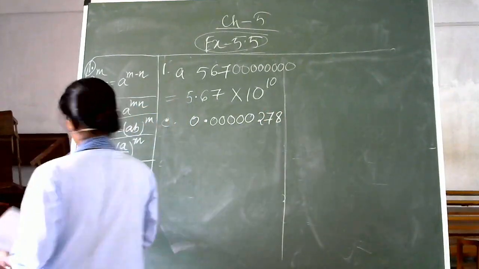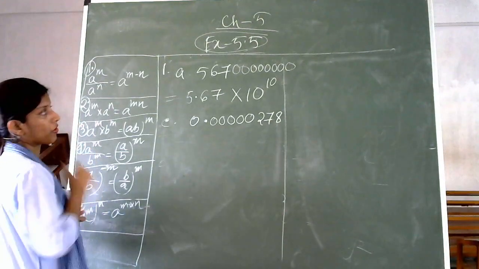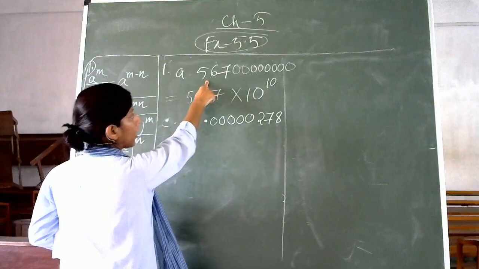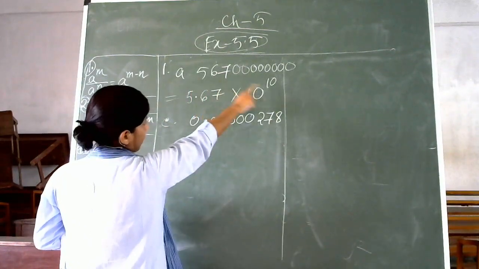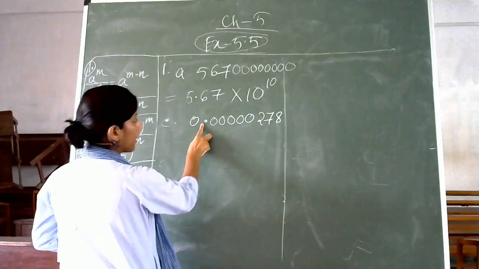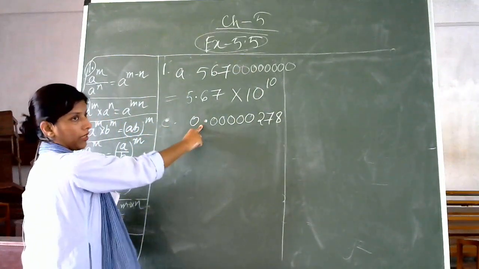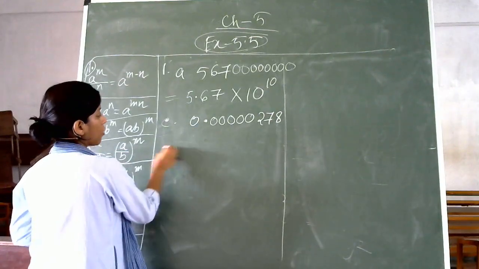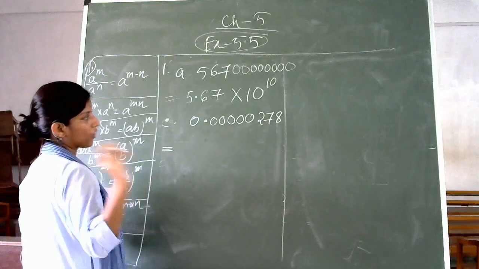Now you see, what is the difference in this question? Here there was no point given. Here only a whole number is given, right? But here the number that is given is a decimal number. It's already a decimal number. So how do you convert it in such type?